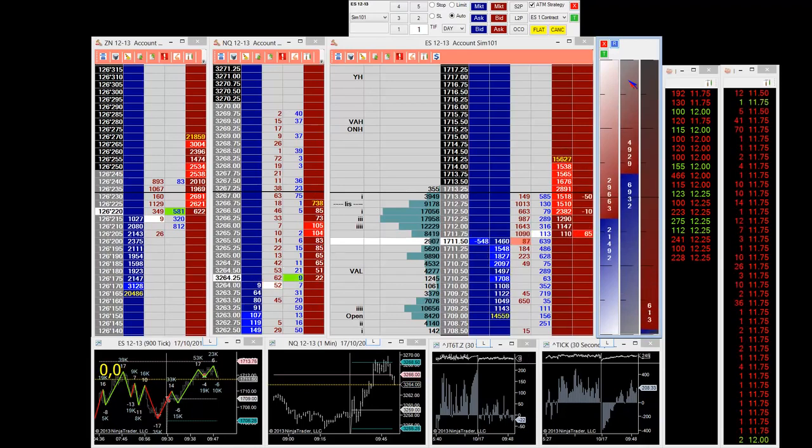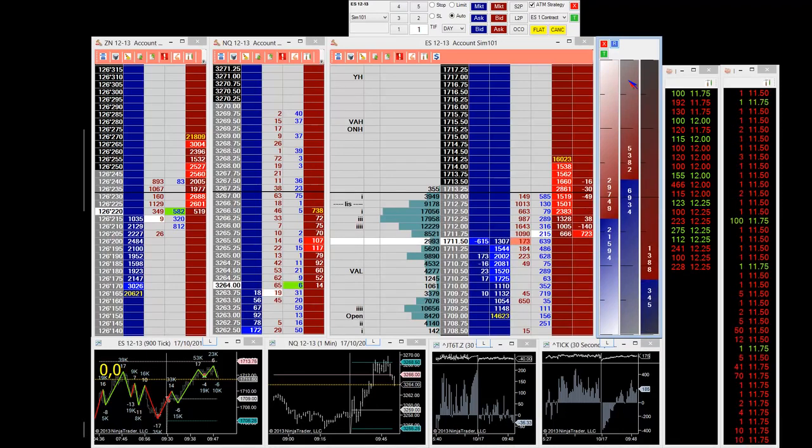Now, one of the key things about this, when we decide we want to exit, if there's a really large bid or offer in the way between us and the stop, we might just let it trade to that point and see what happens.